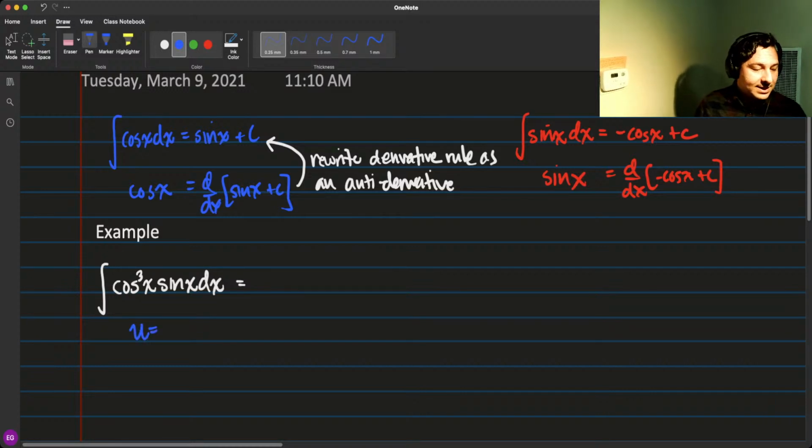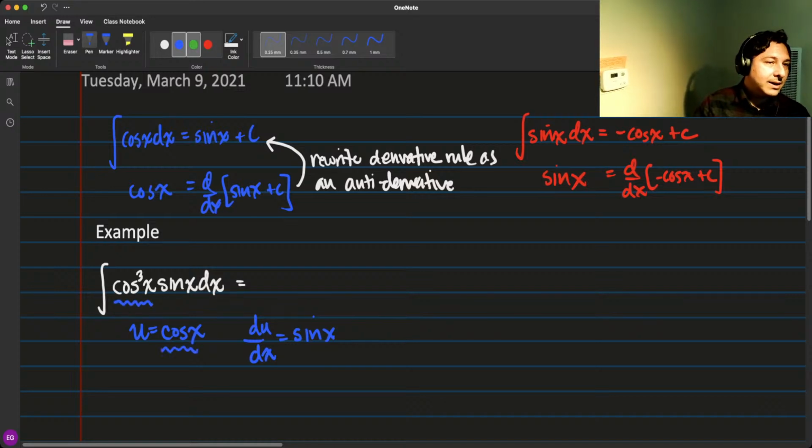So if you look at this, let's set u equal to cosine, which means that the derivative of u with respect to x will be sine. You look at this and think, oh, this is good. I have a cosine right here and a sine right here.